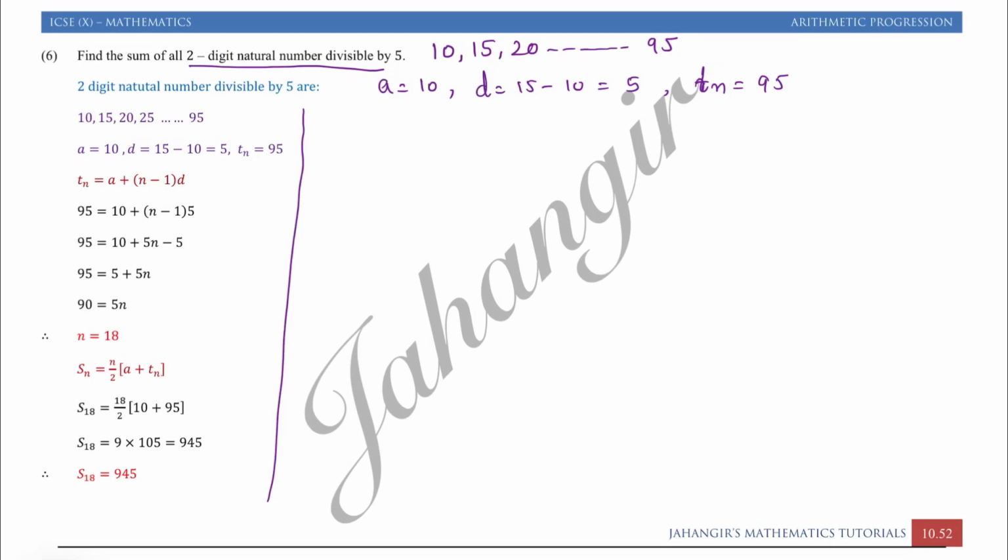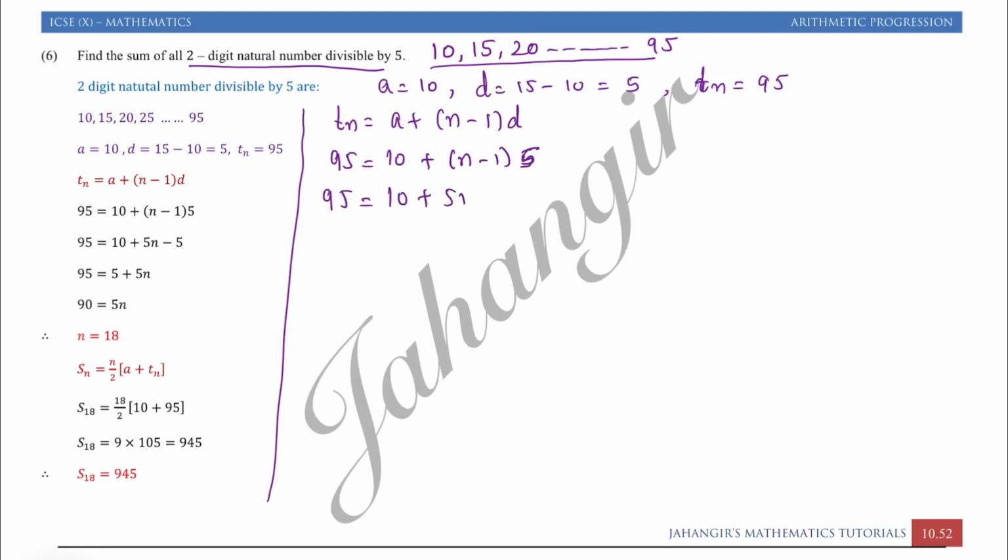So here we have to first find the number of terms between 10 and 95. So we can say tn is equal to a plus n minus 1 into d. Tn is 95, equal to a is 10 plus n minus 1 into d, which is 5. 95 is equal to 10 plus 5n minus 5.